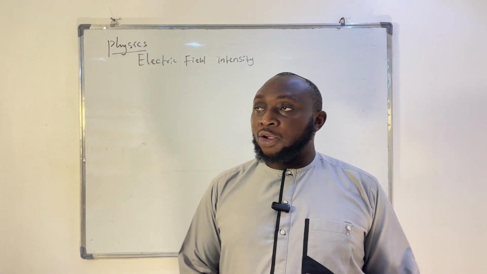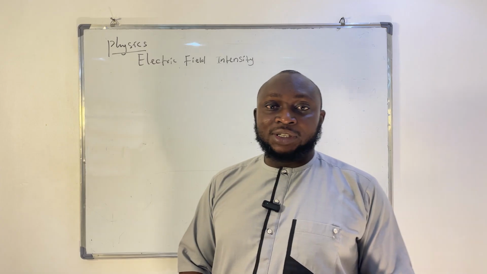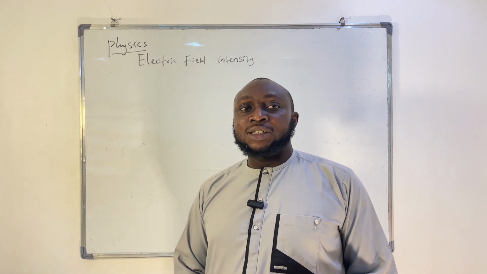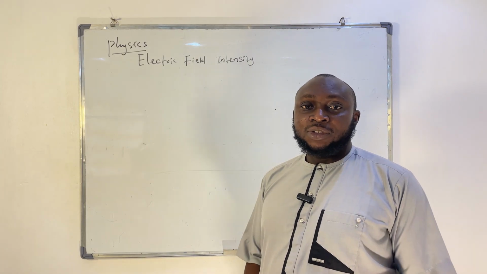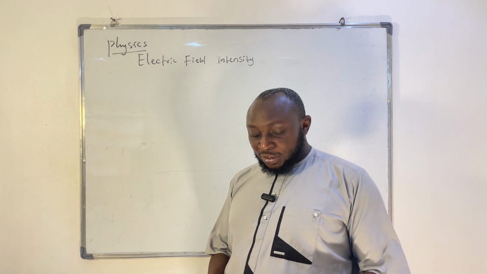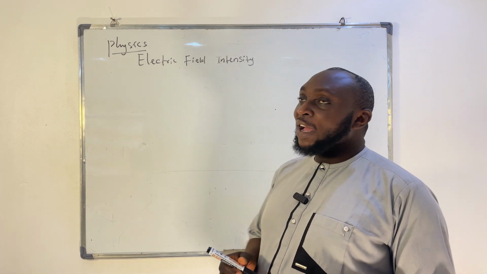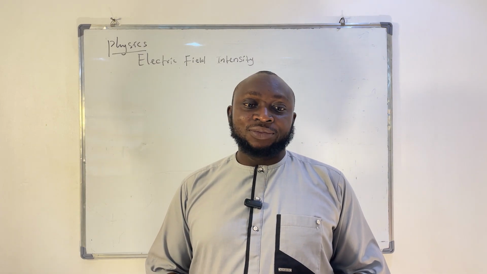Today we'll be discussing the concept of electric field intensity in physics. The other name for electric field intensity is strength of electric field, and it is defined as the ratio of force per unit charge.